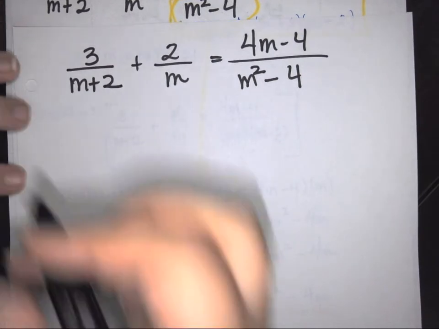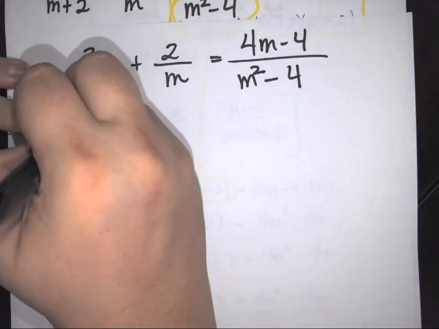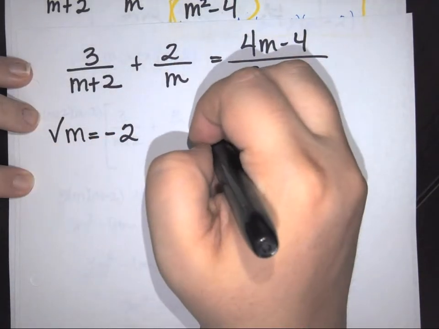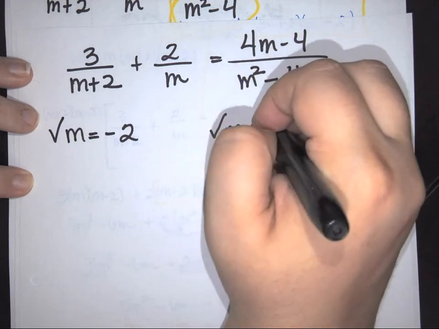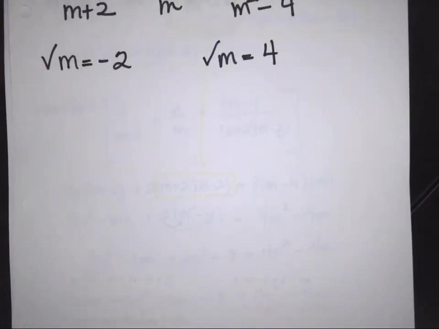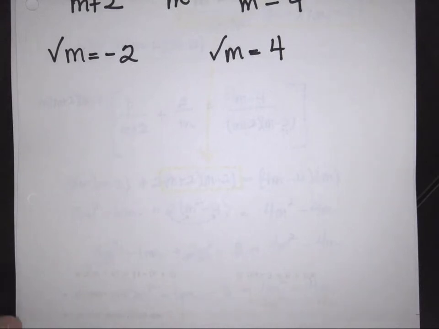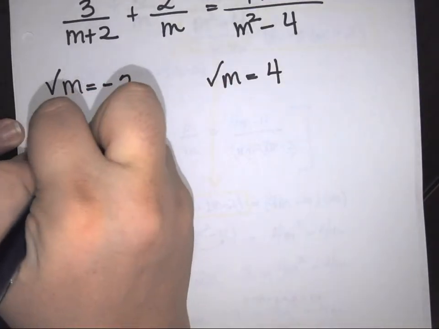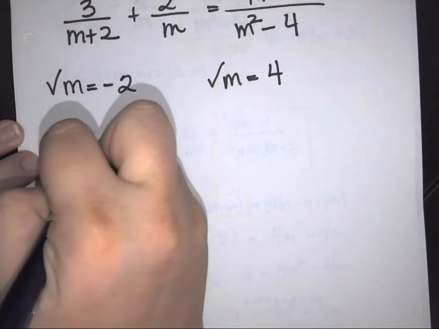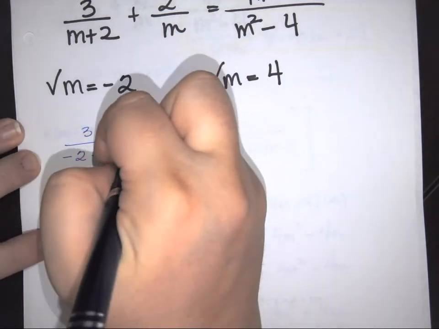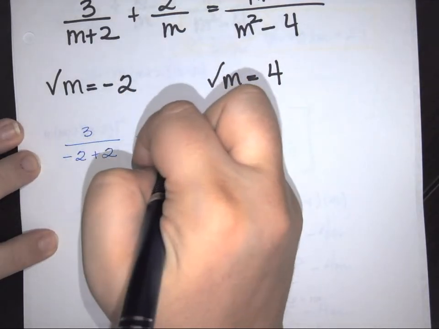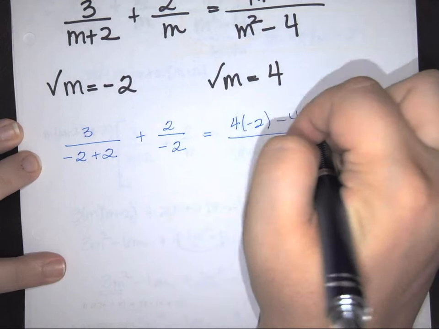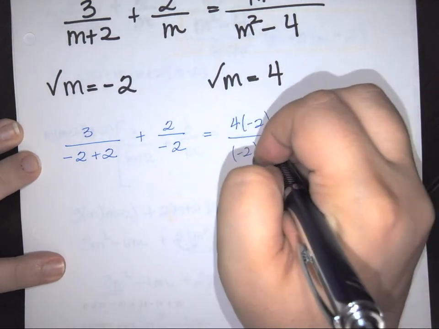The first thing that we have to do is check if m can equal negative 2, and then we have to check if m can equal 4. So the way we do that is we take our m value and we plug it in. So we're going to have 3 over negative 2 plus 2, plus 2 over negative 2, is equal to 4 times negative 2 minus 4, all over negative 2 squared minus 4.